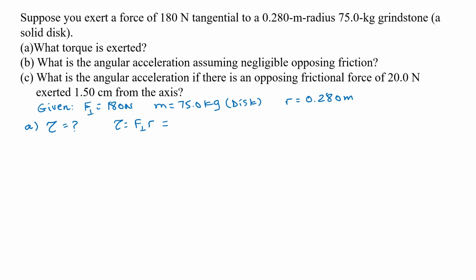Plug in the numbers: 180 newtons multiplied by 0.280 meters. That's equal to 50.4 Newton meter.